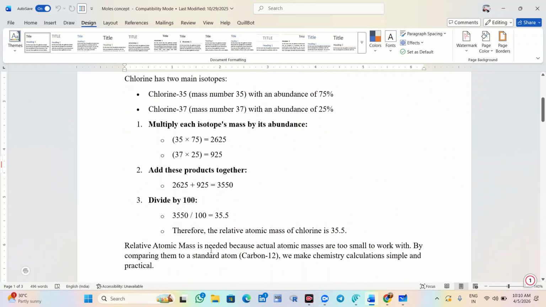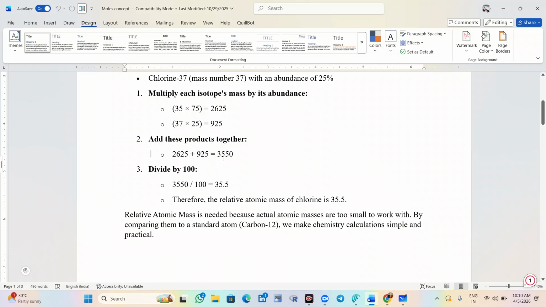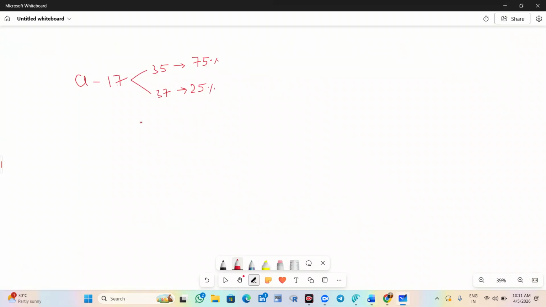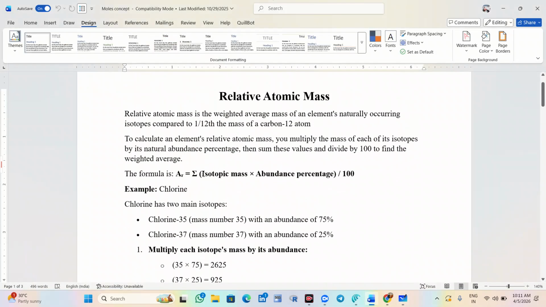Then we add them together and divide by 100. The formula I have mentioned here is sigma of the isotopic mass times abundance percentage, over 100.